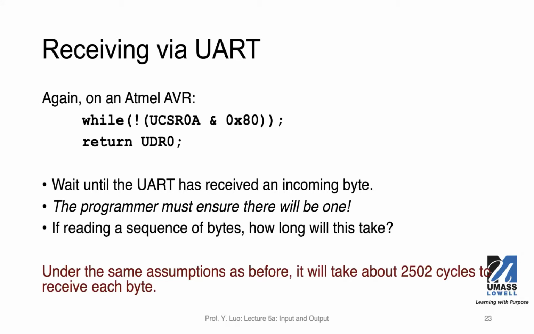So from these two program segments, receiving and transmitting, we can see that polling has to be implemented as part of your program. We have to explicitly check the values of certain registers, certain bits.